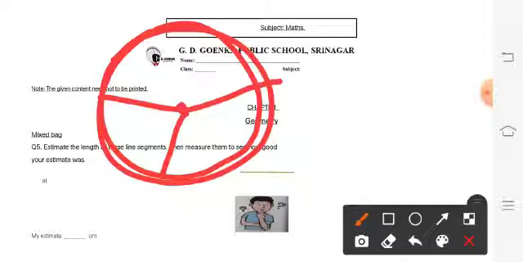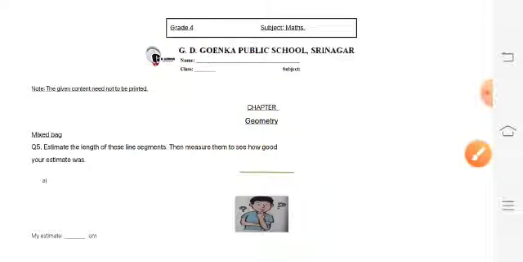The distance from the center to the boundary is called the radius, and the line segment passing through the center of the circle, whose endpoints lie on the boundary, is called the diameter. So these were the terms: circumference, the boundary of the circle; center, the midpoint within the circle; radius, the distance from center to the boundary; and diameter, the line segment which divides the circle into two equal halves. These were the definitions that we went through before this.